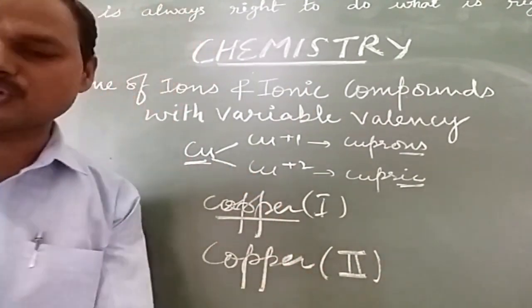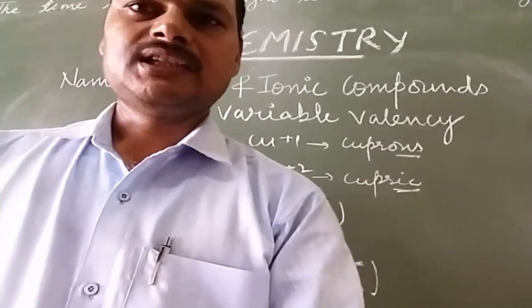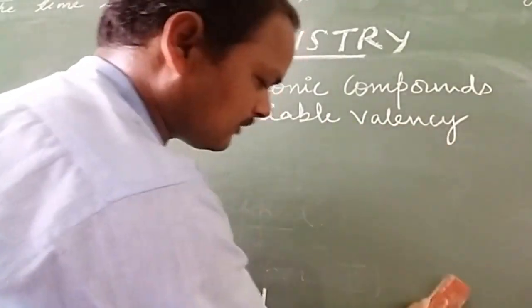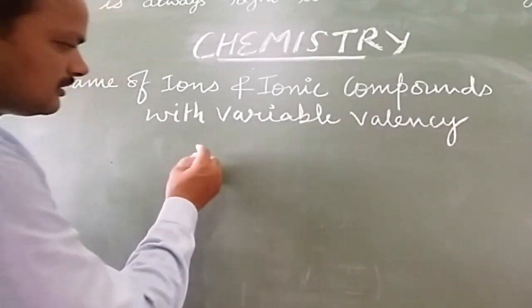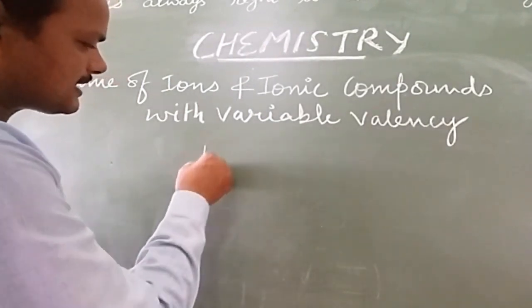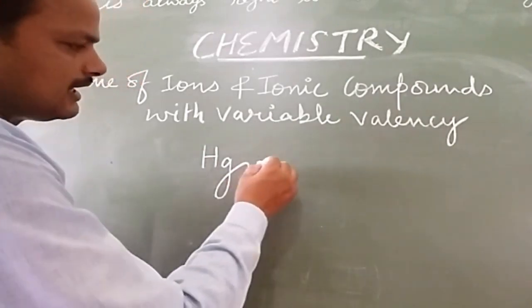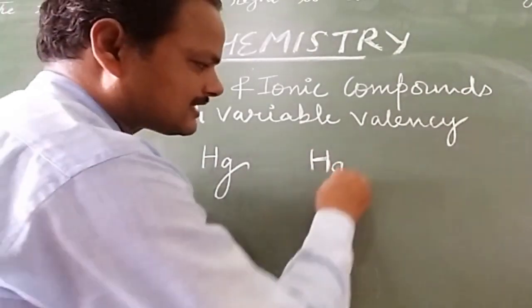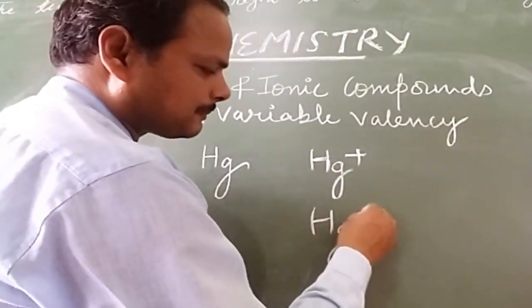We can take some more examples to discuss this. Here I am taking one more element, Hg, mercury, and the valencies shown by Hg will be plus 1 and plus 2.